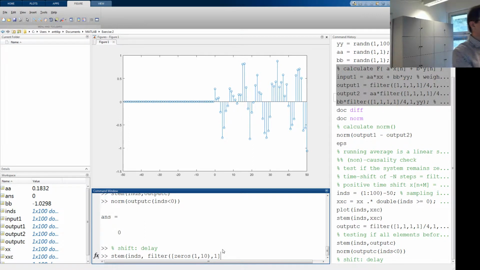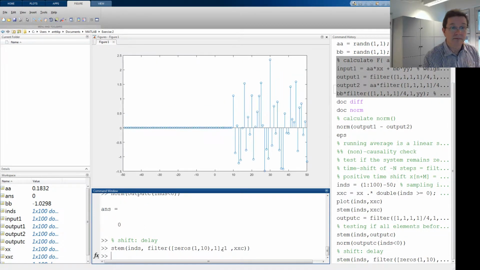So this is a vector which has zeros on the beginning and then just 1 at the end, and then XXC. Yeah, it's the same test vector but delay of 10 data points.